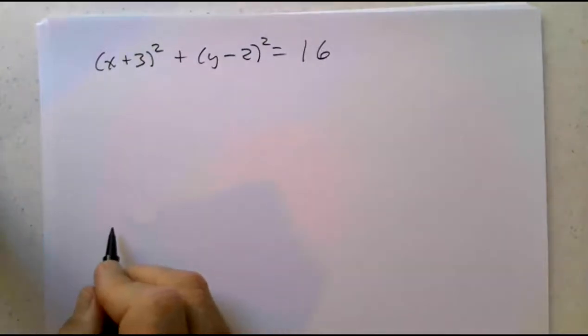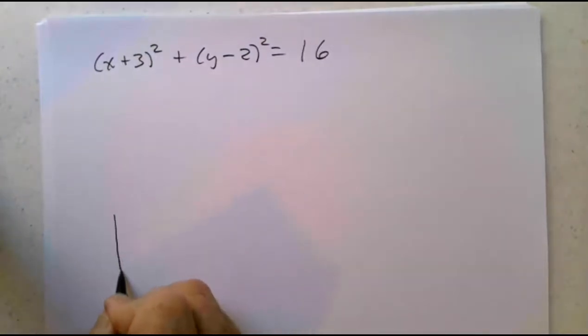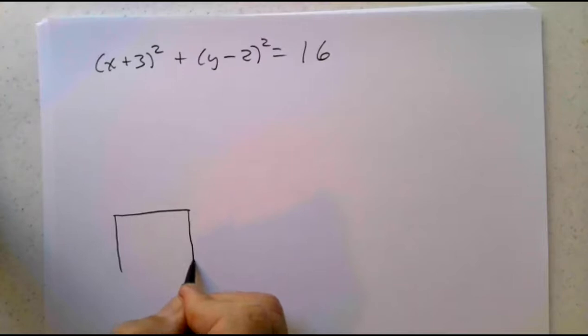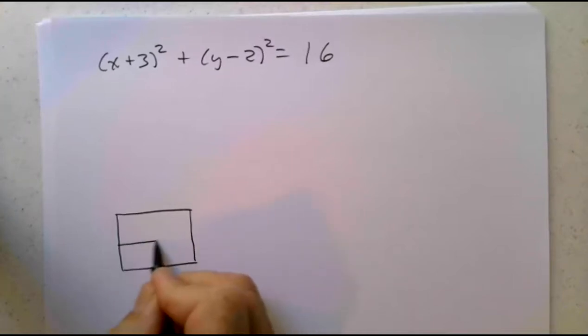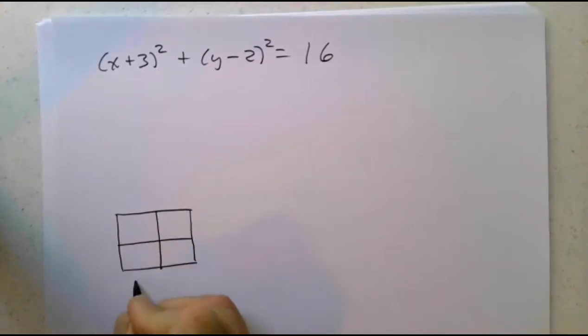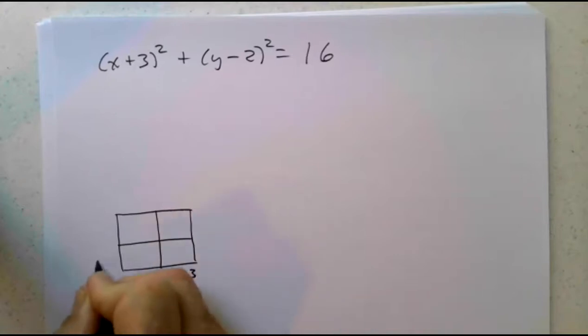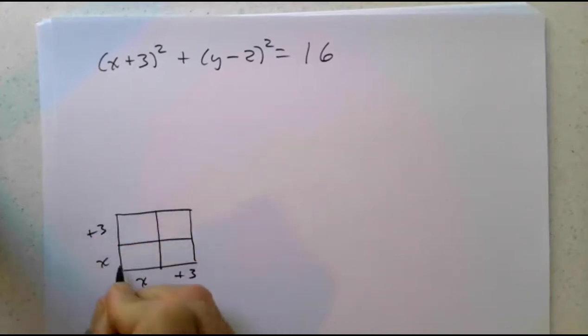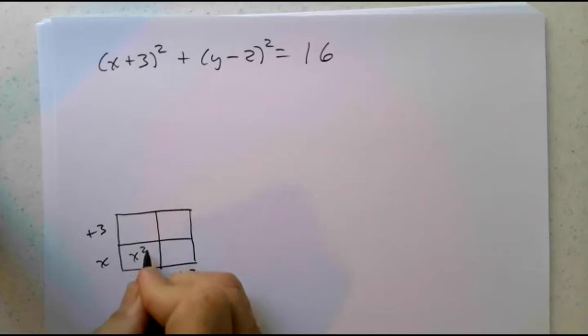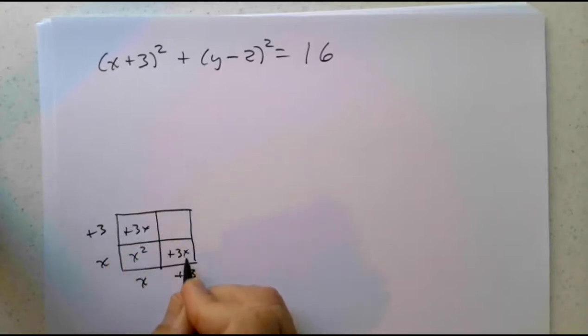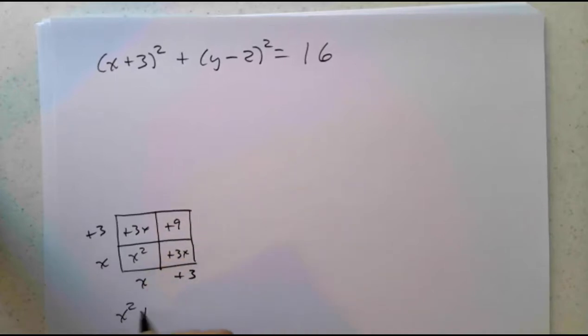So I can multiply out x plus 3 squared, which of course means x plus 3 times x plus 3. X times x is x squared, plus 3 times x is plus 3x, plus 3 times x is plus 3x, plus 3 times plus 3 is plus 9. That's x squared plus 6x plus 9.